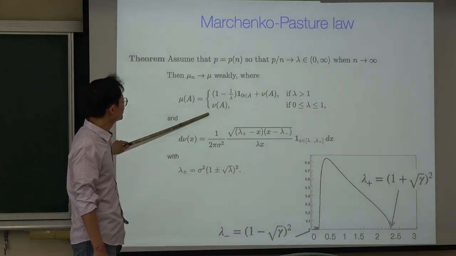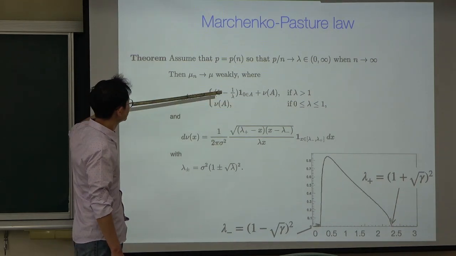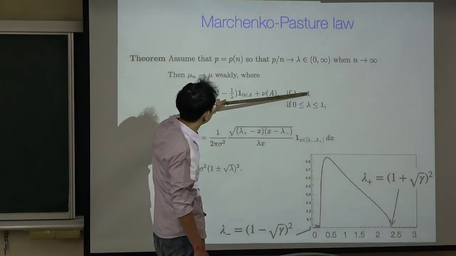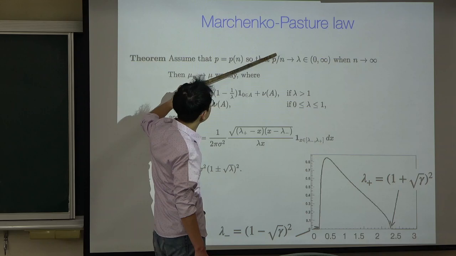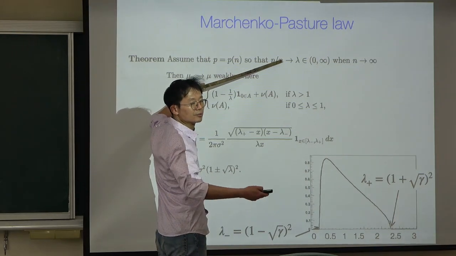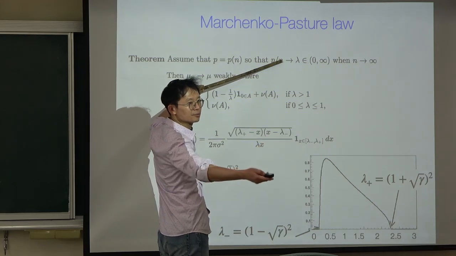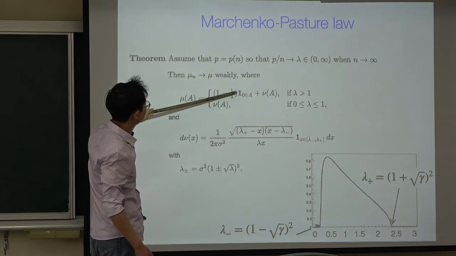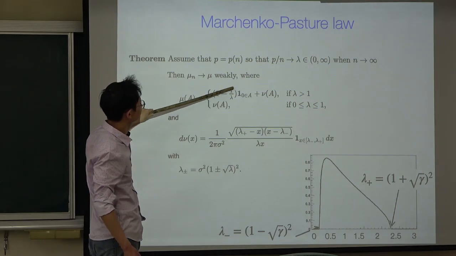It looks very complicated, but it is not terrible at all. If lambda is greater than 1, meaning p is greater than n, then as we discussed on the previous slide, you will have some extra 0 eigenvalues.